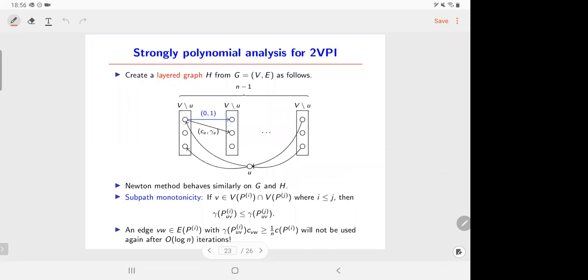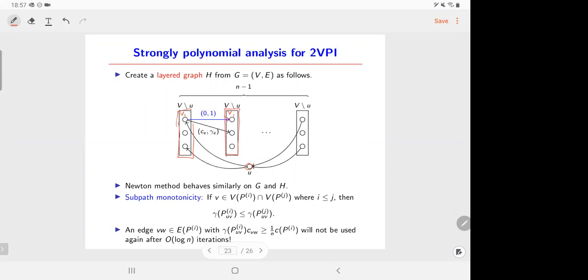Now, to complete our proof, we will create a layered graph from our original graph. So the construction is as follows. You isolate out the node u, and then you create n-1 layers. Each layer consists of a copy of V minus u. And then between two layers, let's say this is v1 and this is v1, if they correspond to the same vertices in the original graph, then you add this blue arc with cost 0 and gain 1.